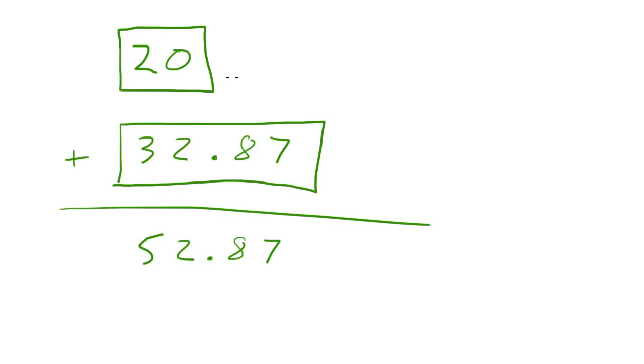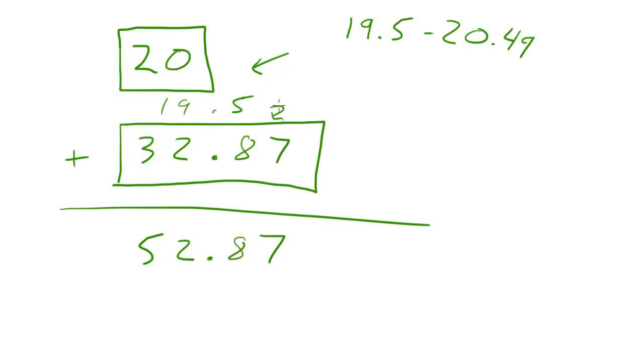The reason for that, if you guys don't understand, is that this 20 right here may or may not be 20.00. This number 20 right here can be anything from 19.5 to 20.49, and we really don't know whether to add 19.5 to this, or 20.49, or anything in between.